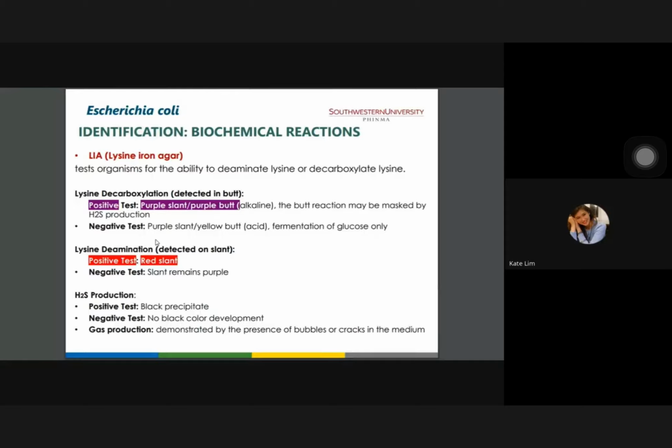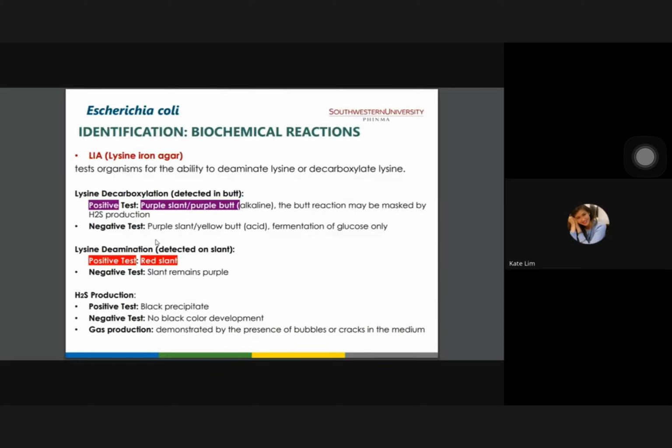If you want to check for lysine deamination, check the slant. Some bacteria possess this enzyme, lysine deaminase. The purpose of lysine deaminase is to remove the amino group of the lysine, that is why deamination means removal. What is the result of this? The reaction produces an alkaline environment.